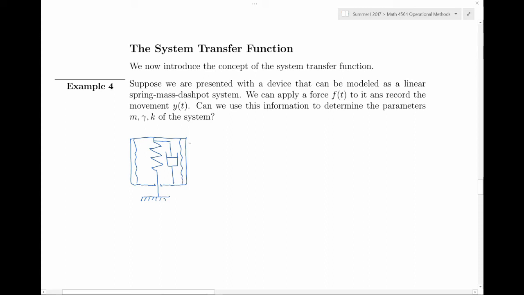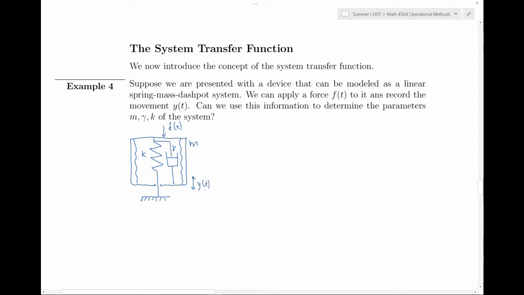The whole thing has a mass m, the spring has a constant k, and the dashpot has a constant gamma. We can apply any force that we wish to it, and we can observe the reaction of the system.